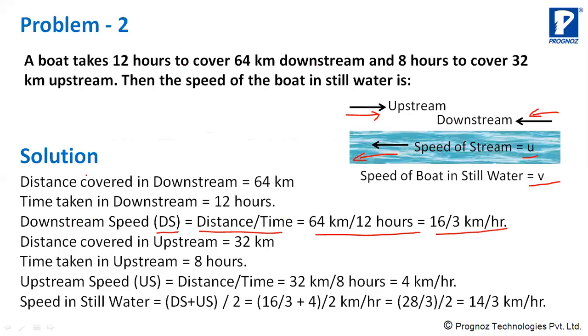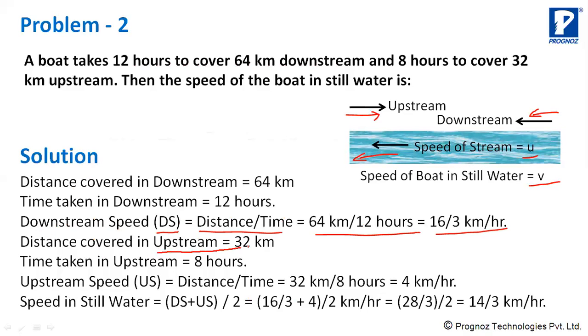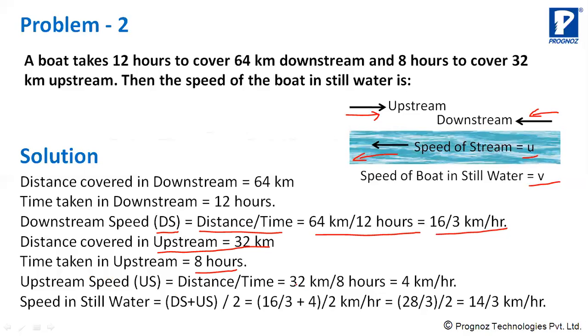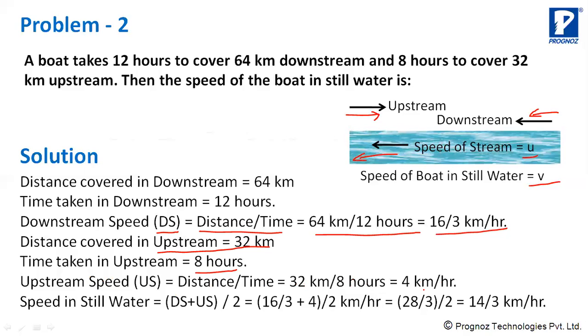Now let's see upstream. Distance covered upstream is 32 kilometers. It's given. And time taken to cover this 32 kilometers is 8 hours. So upstream speed is equal to distance upon time. So 32 kilometers by 8 hours is 4 kilometers per hour. So now we have got downstream speed and we have got upstream speed.